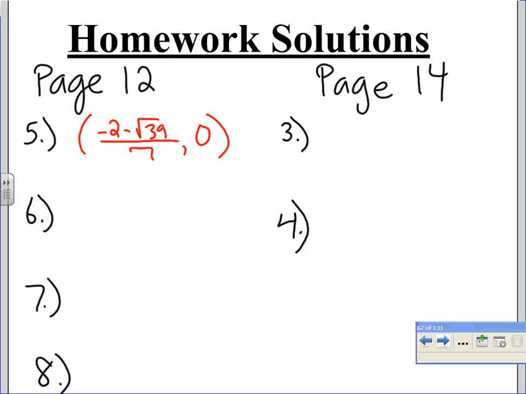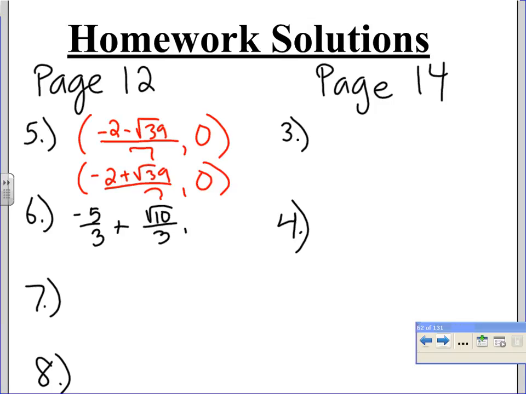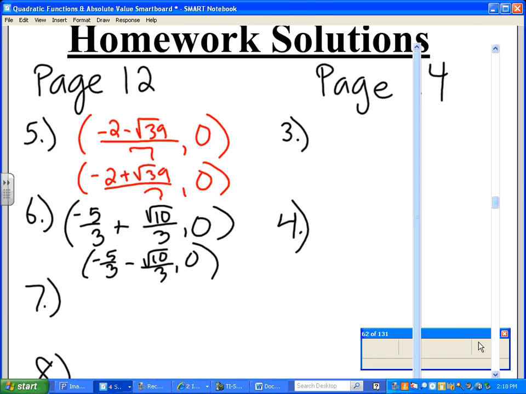Okay, Brianna, number 6. Good job. Remember, these are our x-intercepts of the parabola. Let me move this because I'm running out of room. Okay, number 7. Kevin, do you have your homework done?